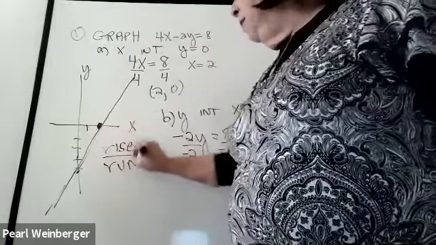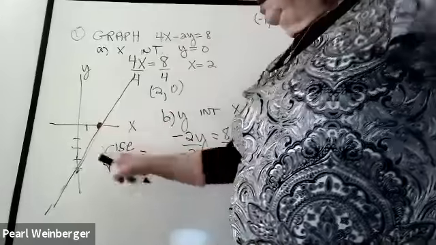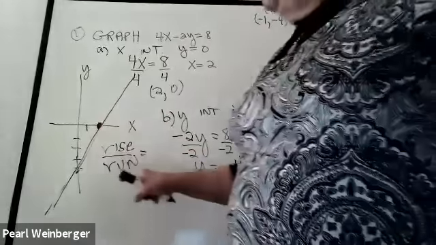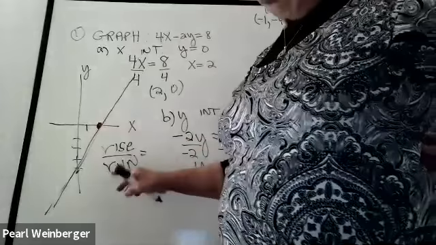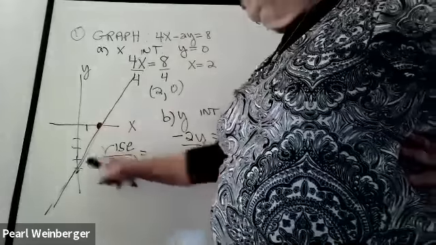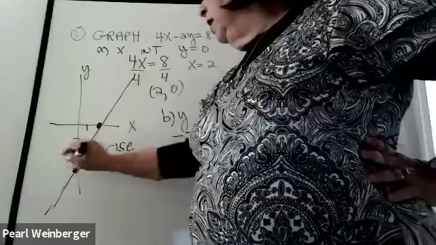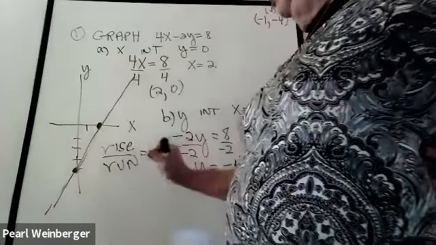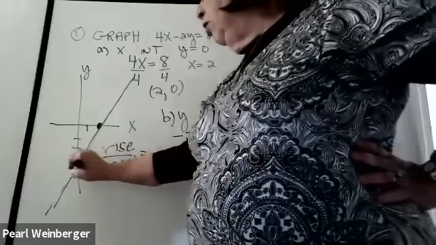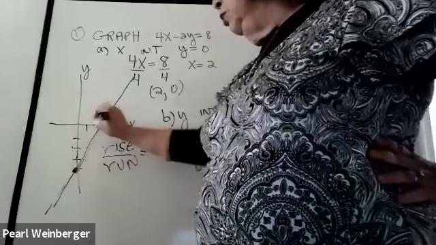So if I have a picture of a line, I can actually figure out what the slope is by doing literally rise over run. Start with a point that's on the left and work your way to the point that's on the right. How do I go from this point to this point?